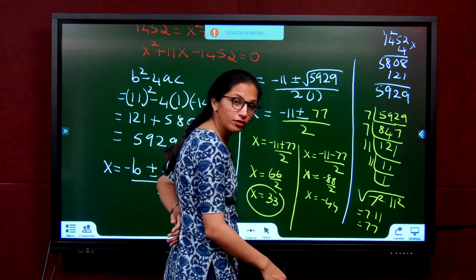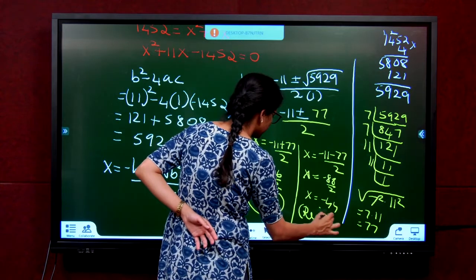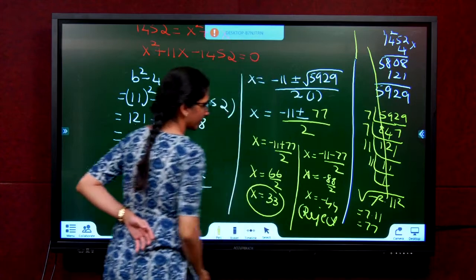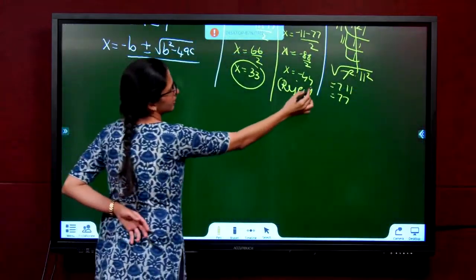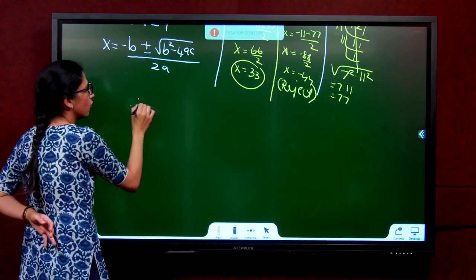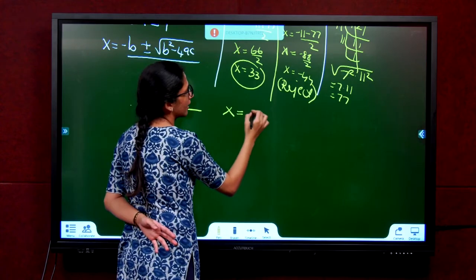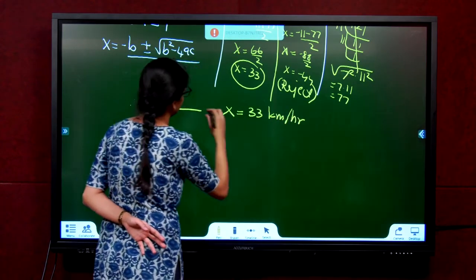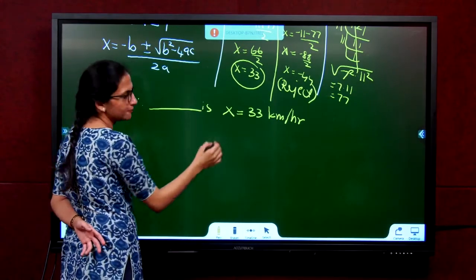Can the speed of the passenger train be negative? No. So we reject this. This should all be done in the working column, whatever is done over here. So now we reject this because speed is negative. Therefore, write down: speed of the passenger train, x is equal to 33 kilometer per hour, and speed of the express train.